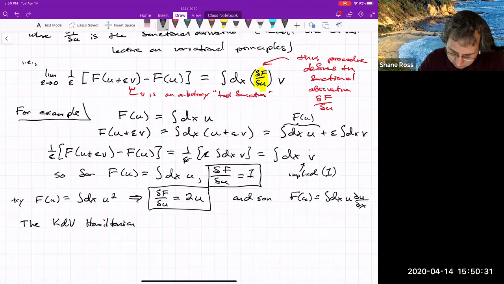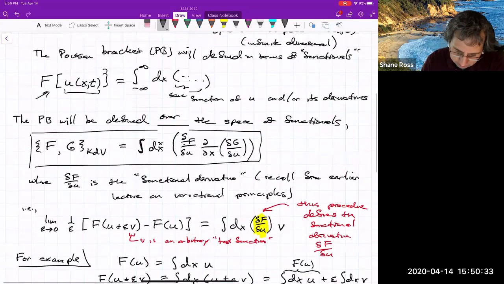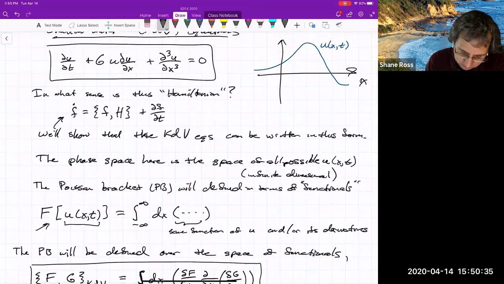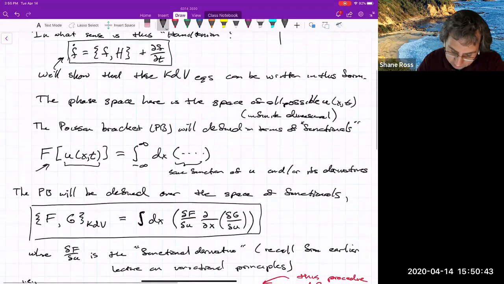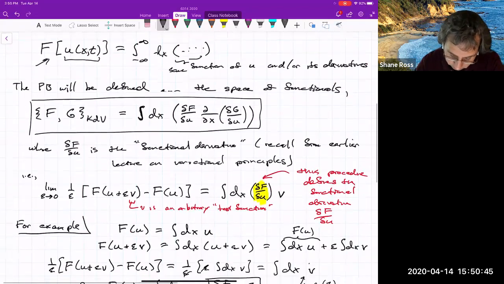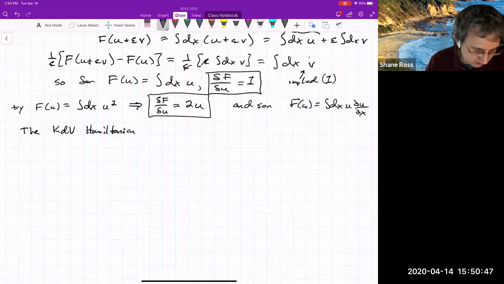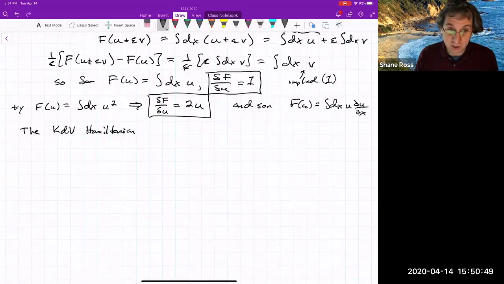It needs to be a functional. It's on the same level as everything else. So to show up in an equation that looks like this, with the Poisson bracket here being the KdV Poisson bracket, h needs to be a functional of u. And here is a function that works.